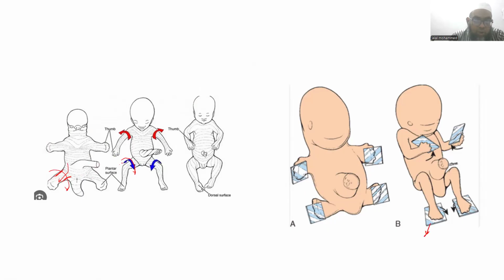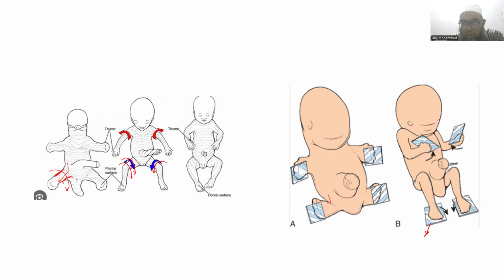This is the rotation of the limb during development. During this rotation, the structures which are present on the medial side will move posterior, and structures which are present on the lateral side will move anterior. So lateral vessels will become anterior, and medial vessels will become posterior.